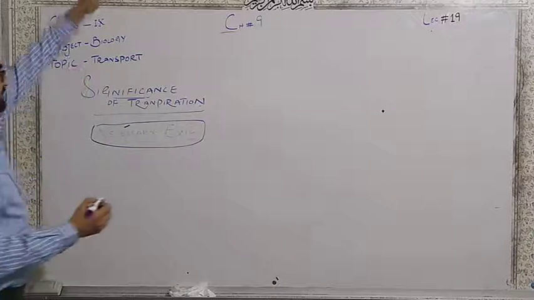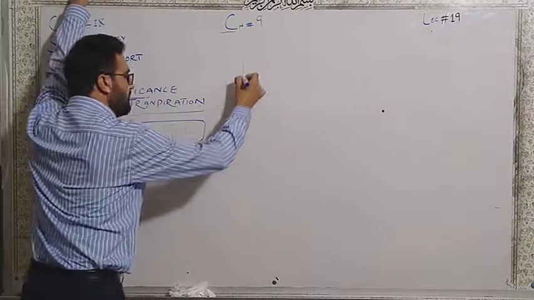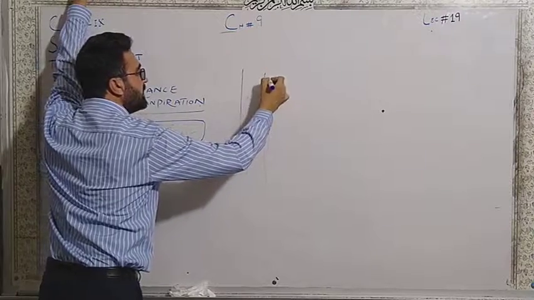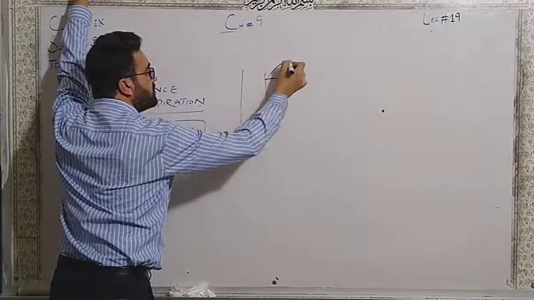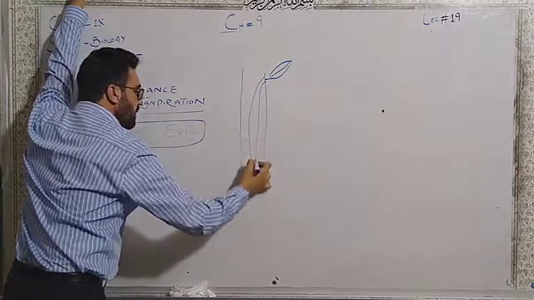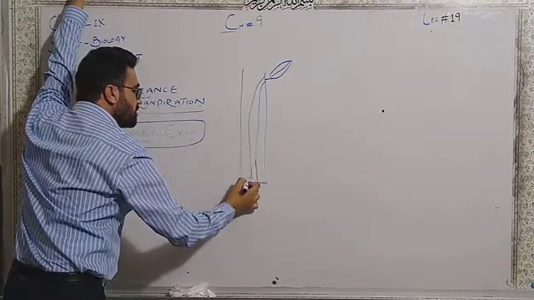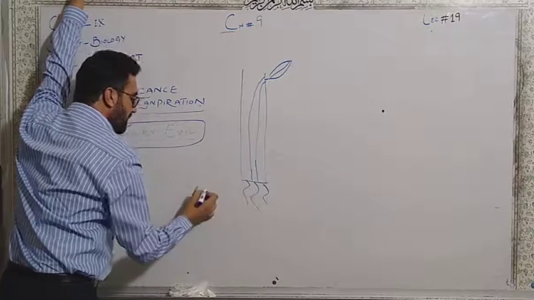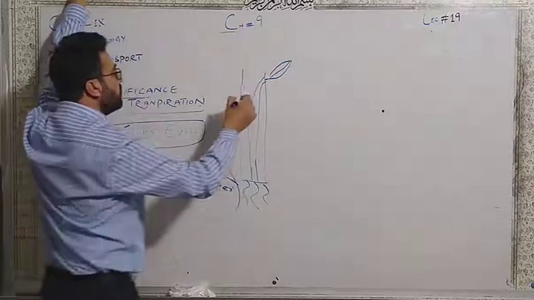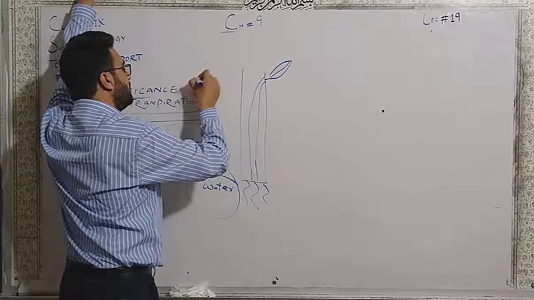Why is it necessary? My dear students, in the first part of my lecture, I told you that the transportation of water to the upper part of the plant is solely through transpiration pull.